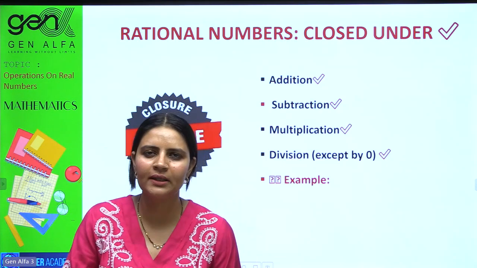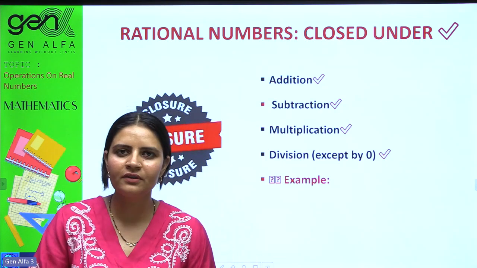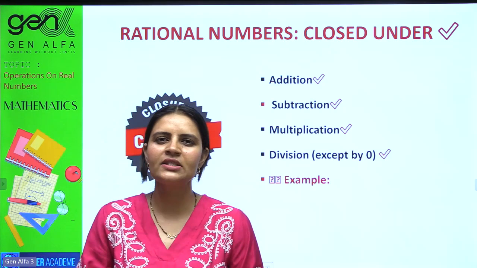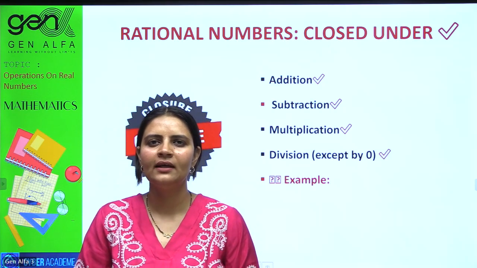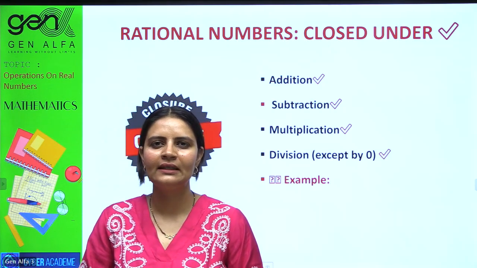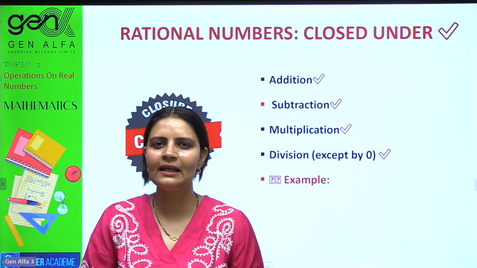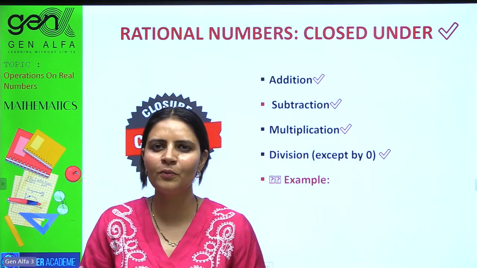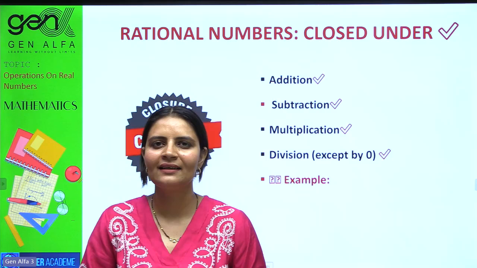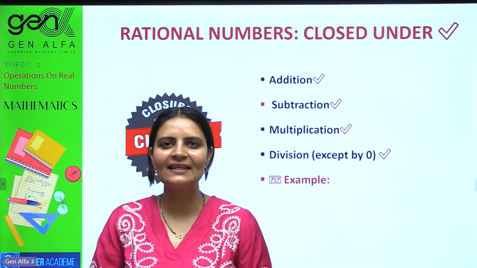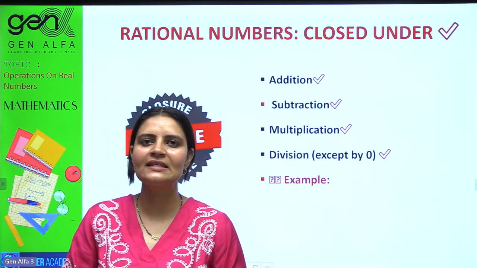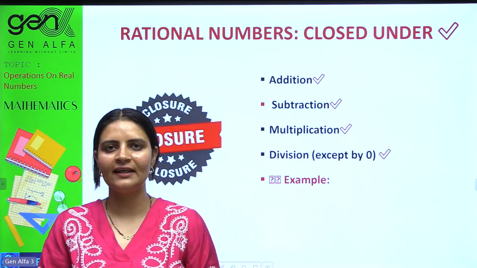Take any two rational numbers. You can take half, you can take 3/4. Just add them and observe. The result is still coming in fractional form or a rational form, isn't it? That means the set is closed under addition.